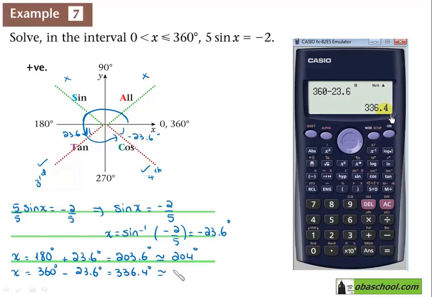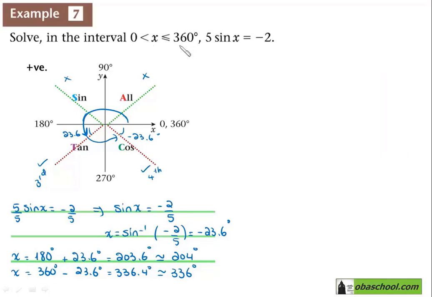These are the two values of x, and they are exactly between 0 and 360 degrees. They satisfy the condition of the interval on x, and if we calculate the sine of each angle, it will be exactly equal to minus 2 over 5.